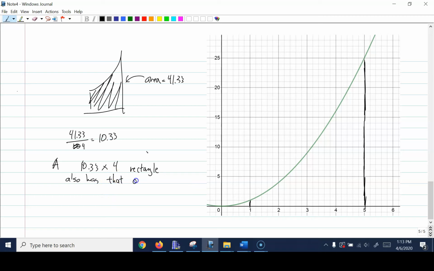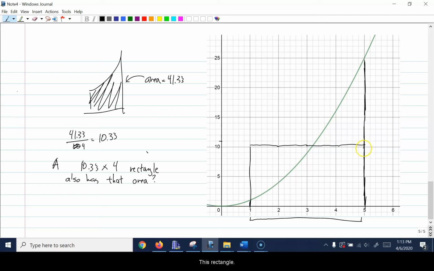So here's a rectangle whose width is 4 and whose height is 10 1/3. Here's 10, and 10 1/3 is a third of the way through here.